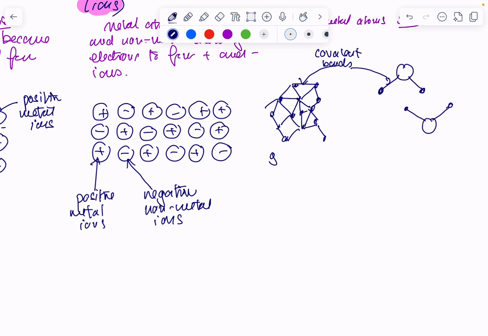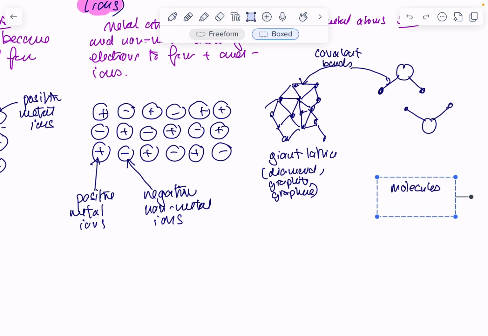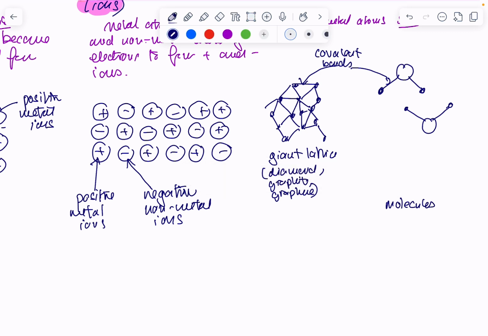This is in a giant lattice, and the examples that you know about that are diamond, graphite, graphene, whereas these, which are the vast majority of covalent compounds, are molecules. Now we have to zoom in a little bit to understand what the covalent bond is.